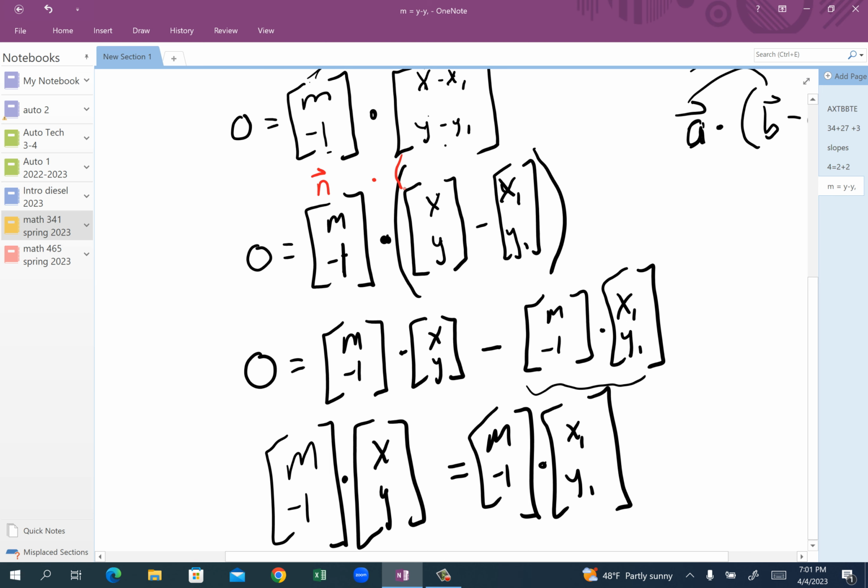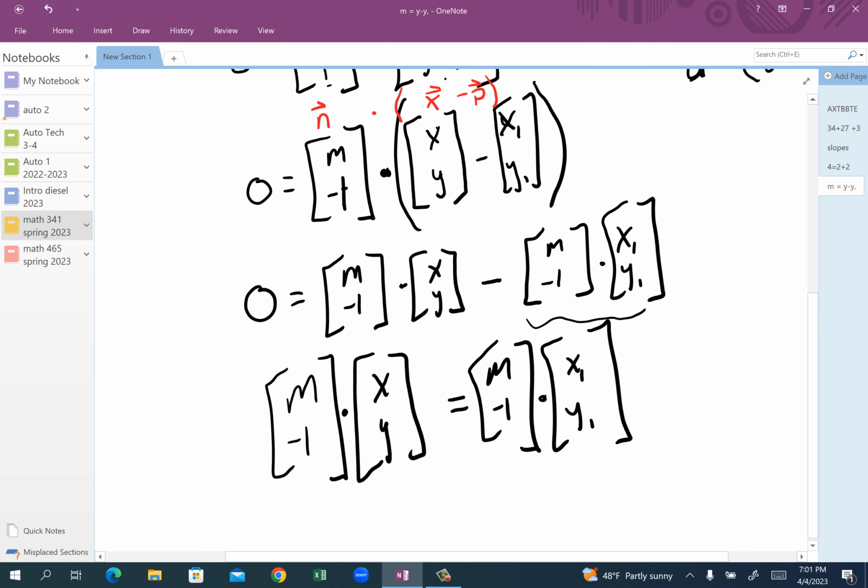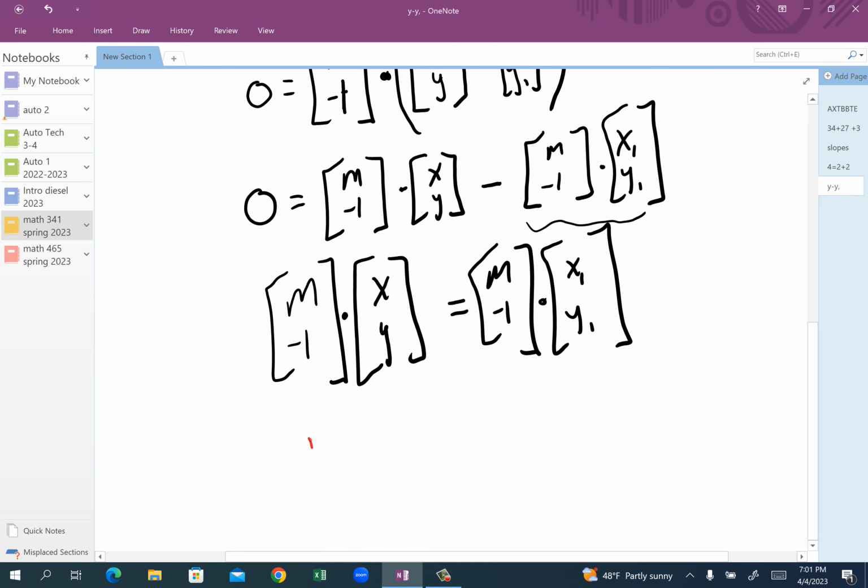And I'm using the ones that your book's using so that you're comfortable with it. X minus P. So when you get down here, what you will find is you get N dot P is equal to N dot X. And they're the same, but let me just write the way the book writes it. There you go. Okay. Now, what is this?